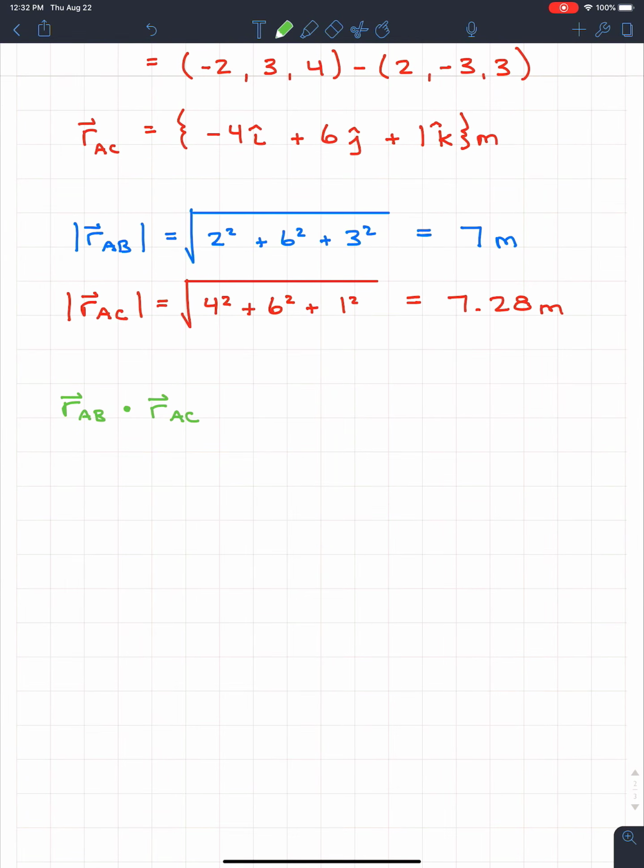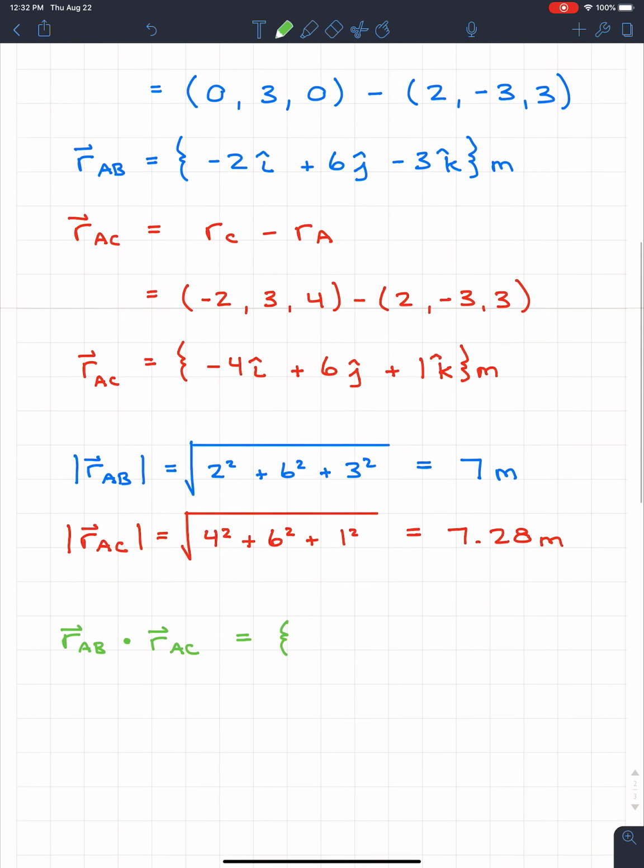So what we're going to do is we're just going to have this equal to, and remember the dot product, all we do is we take each term and multiply them together, and then we add up everything at the end. So in order to make this as straightforward as possible, I'm just going to write everything out real quick.